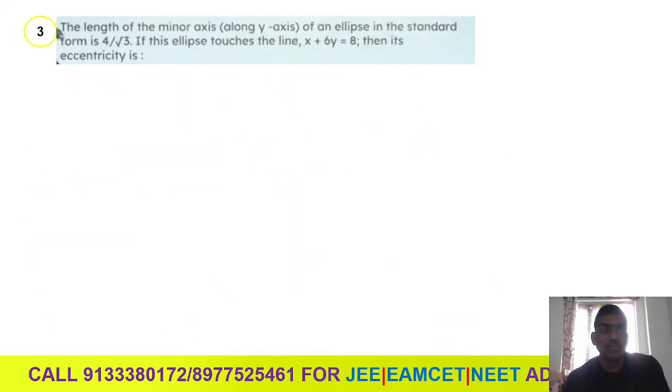Next one. The length of the minor axis of an ellipse in the standard form is 4 over square root of 3.